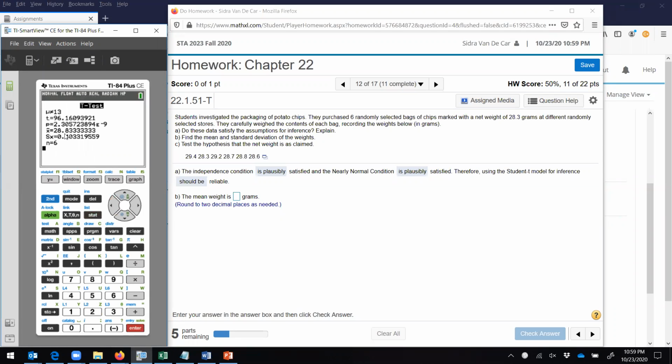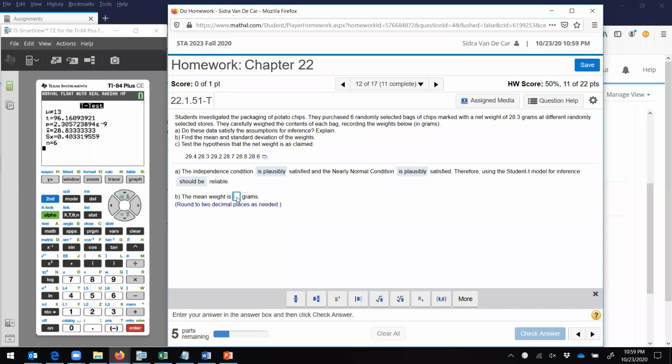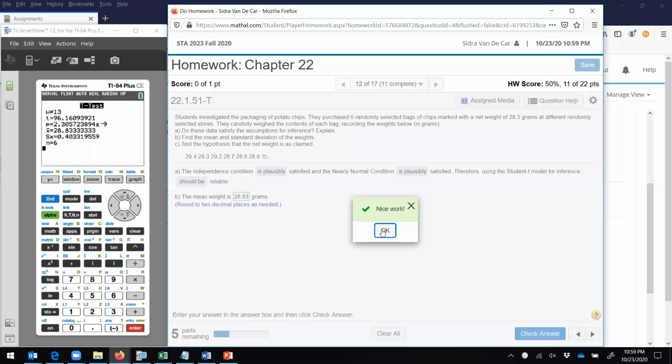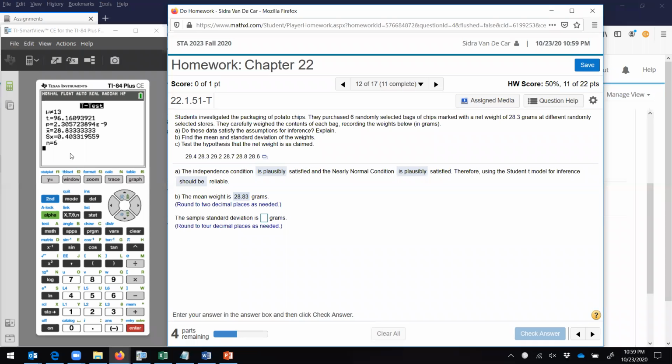So the mean weight is 28.83. Standard deviation is 0.40.